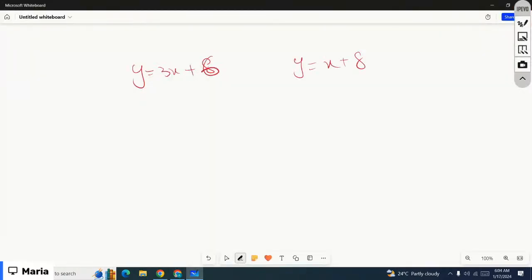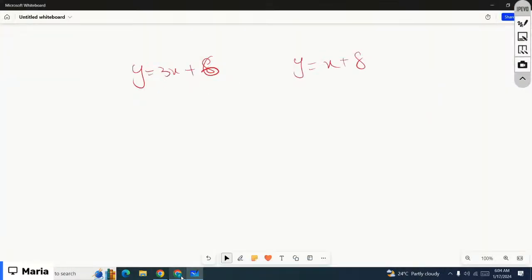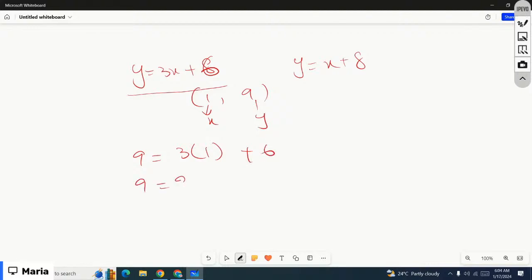You have to check for 1 and 9, right? This is the value of x and this is the value of y. Let's start with this equation. Replace x and y with the values. y is 9, x is 1. 3 plus 6 equals 9.